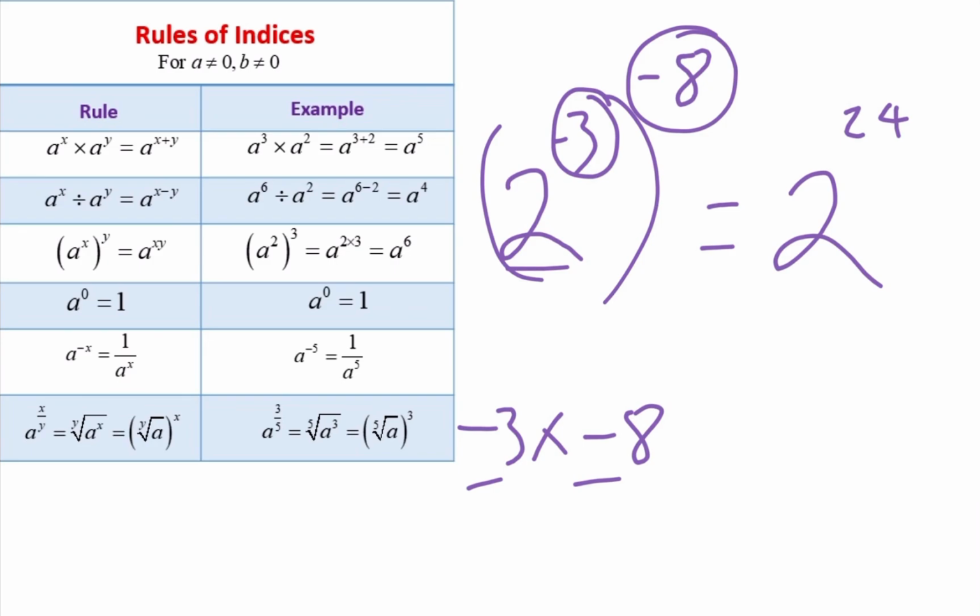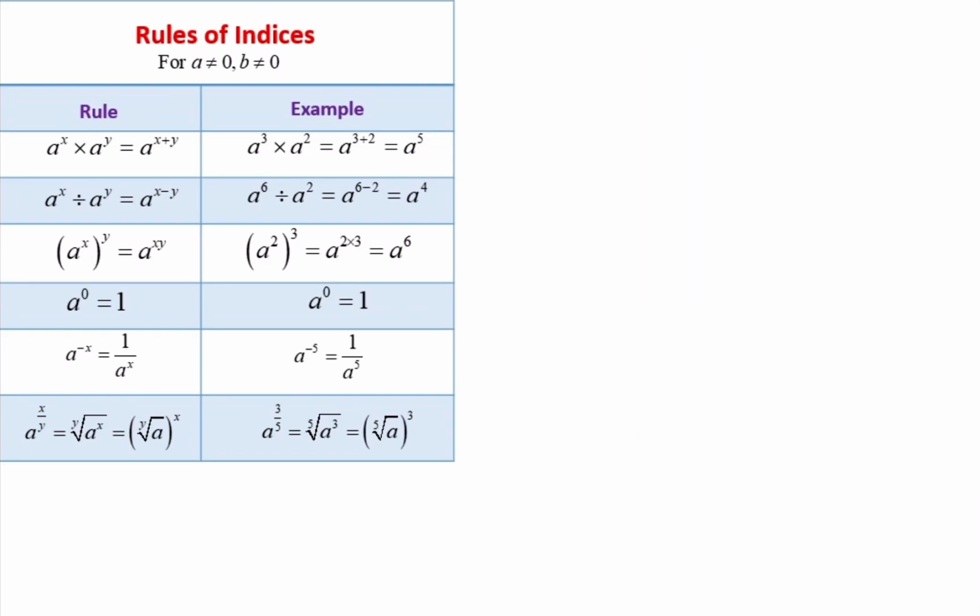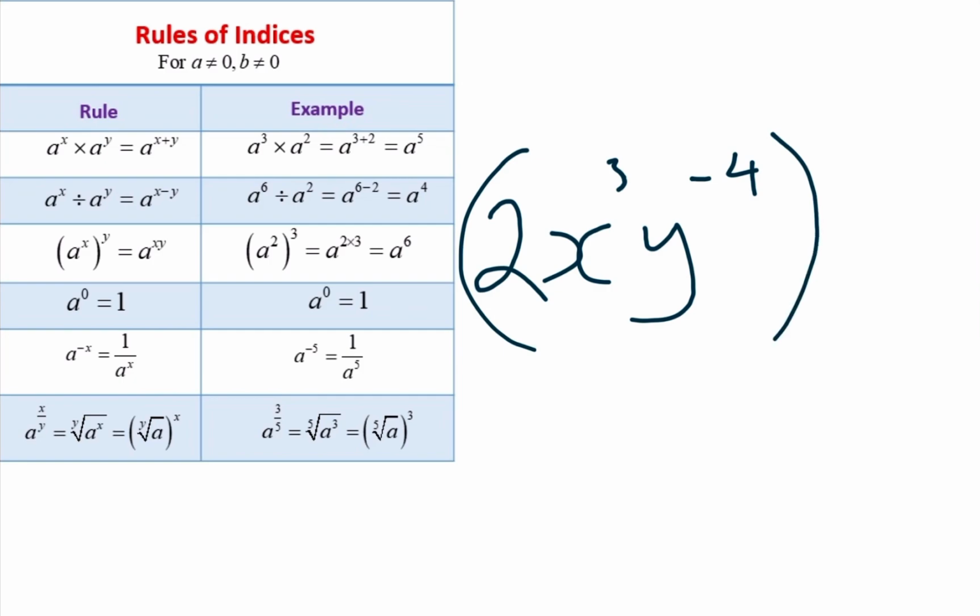So sometimes students ask when this comes up in an exam paper, because they get this bit wrong. So let's have a look at it together. They get something like this, where we've got a number with a letter and a power and another one. And then on the outside, we've got a power. So here, the law does apply again.